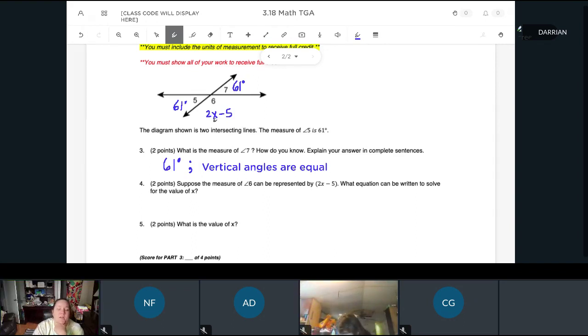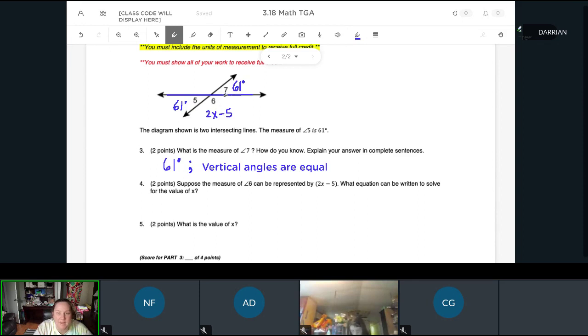Okay. Now, what do you guys notice about angles 5 and 6? What do they come together to form? Anybody see it? Yes, you can think of it as 180 degrees, or you can think of it as a straight line, right? See how there's a straight line right here?